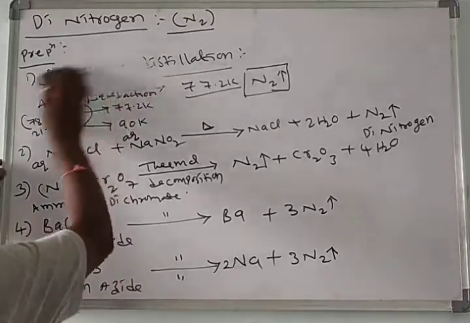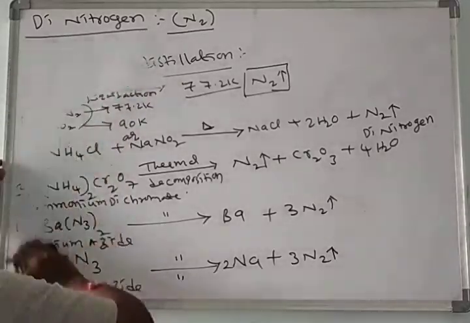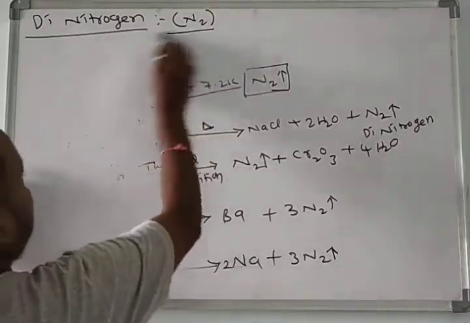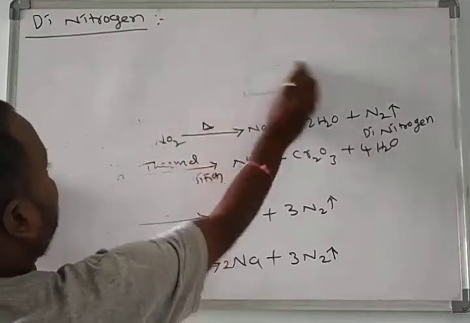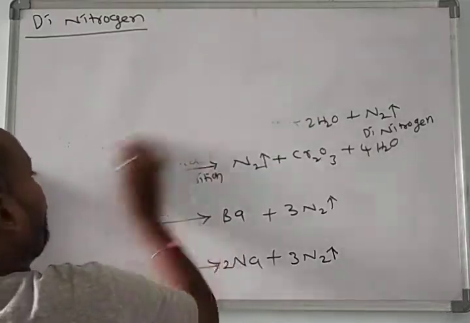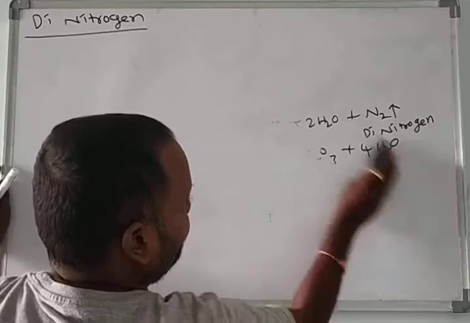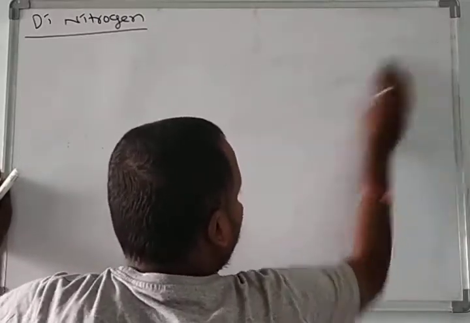In continuation, we will see the properties of dinitrogen, chemical and physical properties. Dinitrogen is a colorless, odorless, tasteless, non-toxic gas.